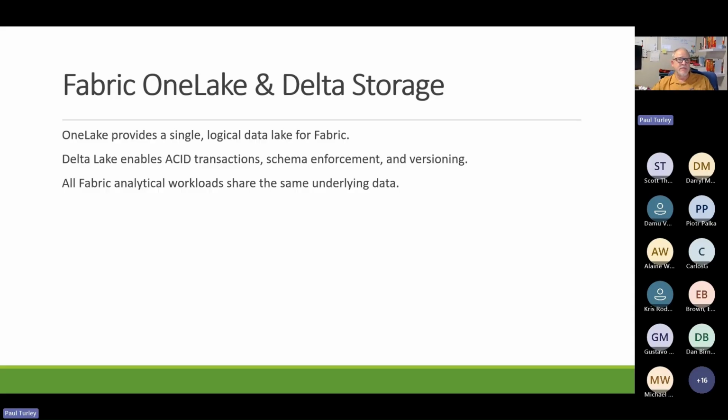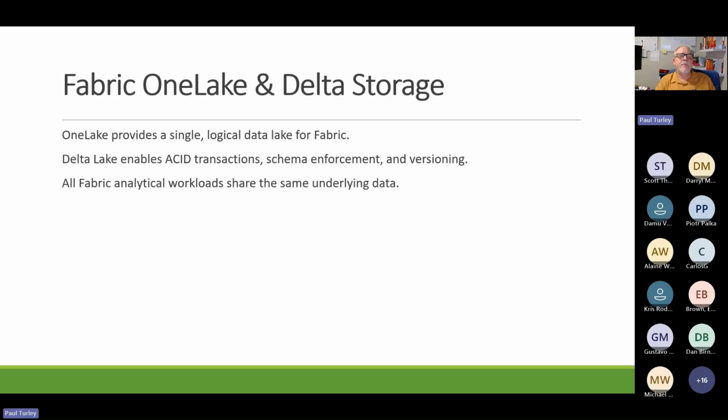Within the Azure ecosystem, we have Azure Data Lake Storage, and the most modern way to store data within Azure Data Lake is with Gen 2 storage or blob storage. And what Microsoft did is they took Azure Data Lake Gen 2 storage and they put that behind the Fabric service and they called it OneLake.